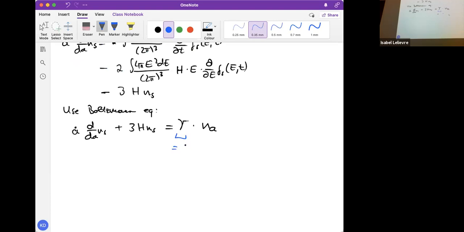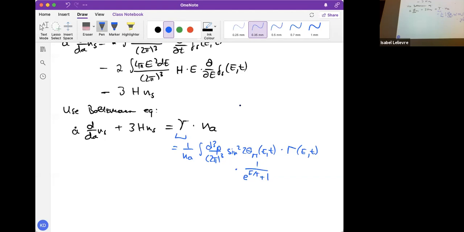this is equal to 1 over NA times integral d3p over 2 pi cubed times sine square 2 theta m of E comma t times the interaction rate at E and T, times the phase space distribution of the active neutrinos, 1 over e to the E over T plus 1.